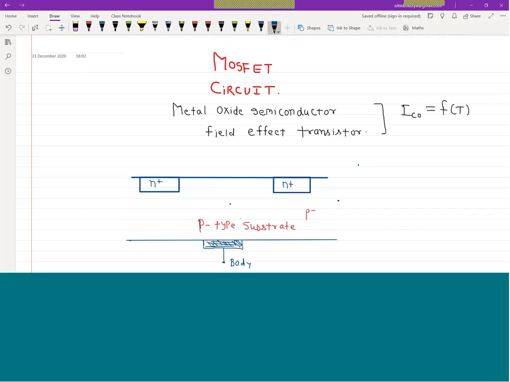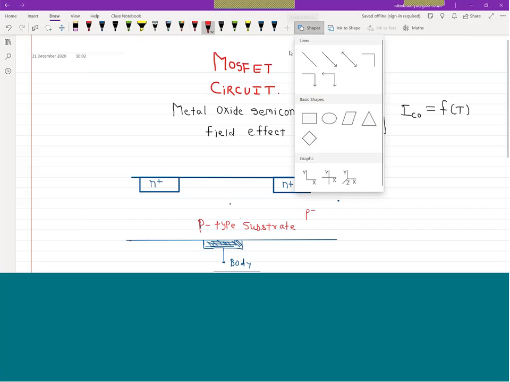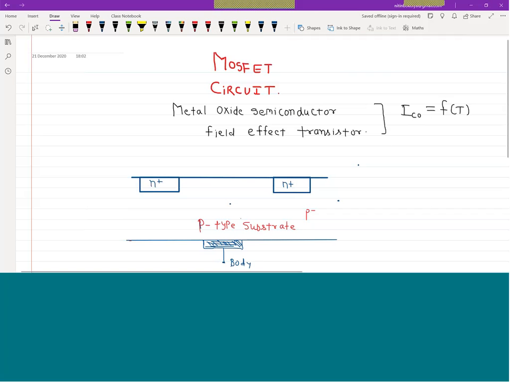And then we are having this oxide. What we are saying, this is metal oxide semiconductor.